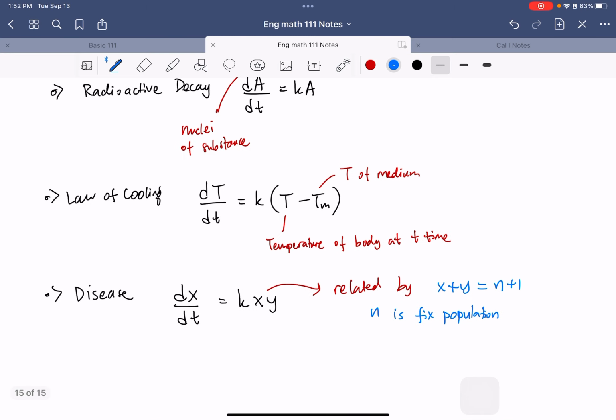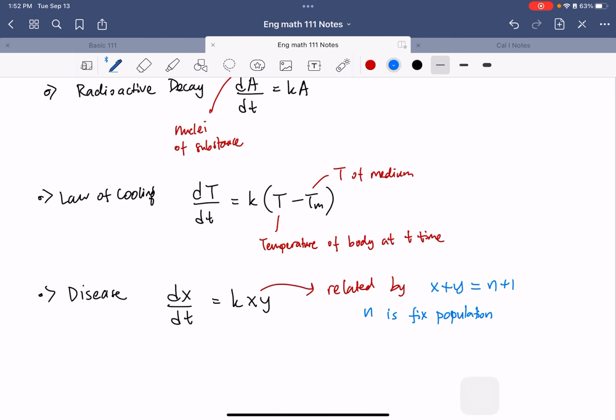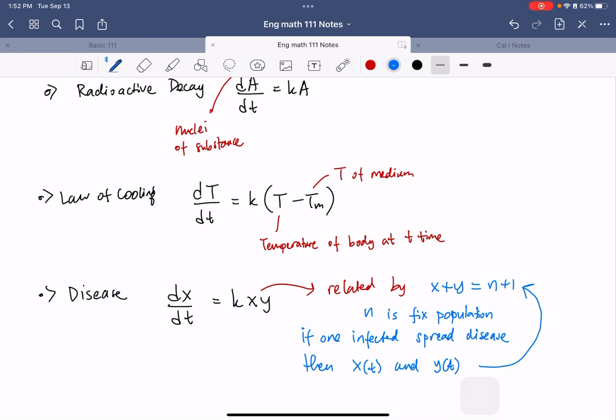So if one infected person spreads the disease, then the x and y will represent this.